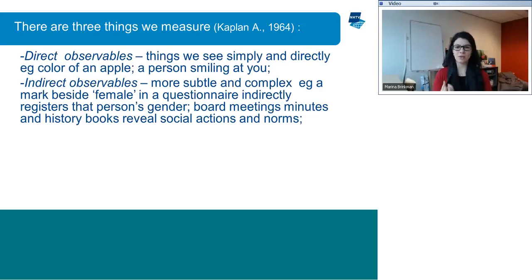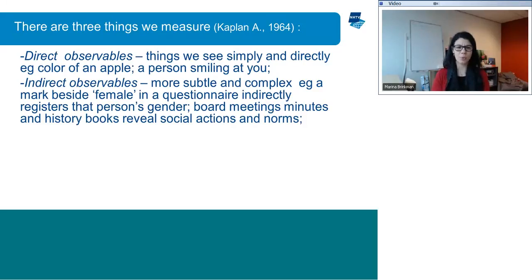Those social actions and norms are revealed in the minutes. For instance, do people make agreements on follow-up actions or not? But it is not directly that we observe something like that; it's more hidden in documents like board meeting minutes or history books, which will tell us something about that.